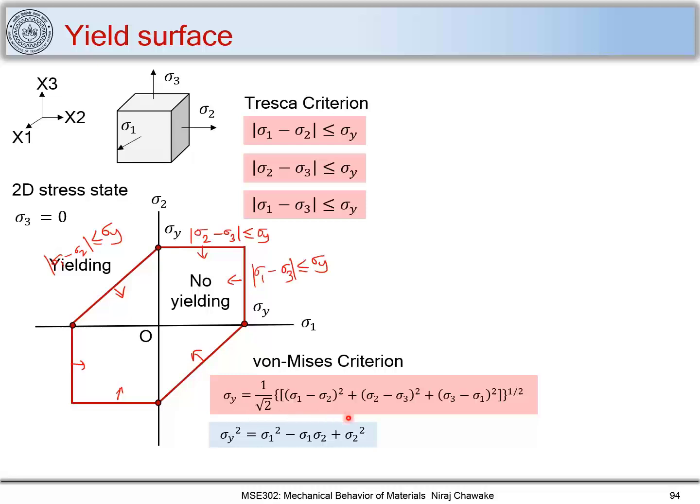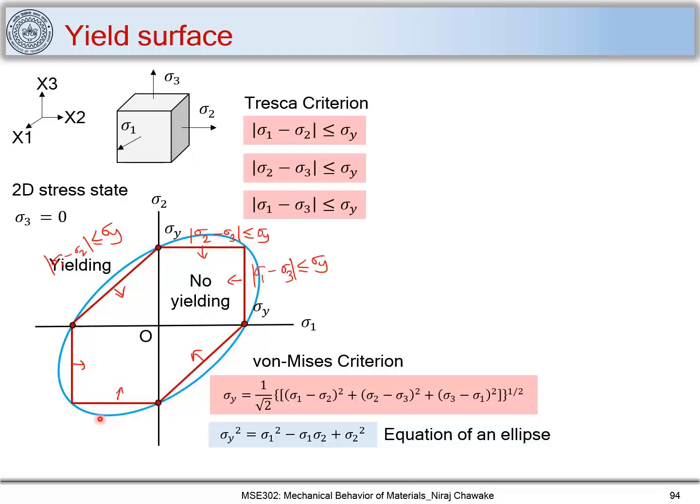If you see this relation carefully, what you find is that this is an equation of an ellipse. So if I put the values of sigma 1 and sigma 2 and try to find out the loci, I get this as an ellipse. So this ellipse is representing a yield surface.